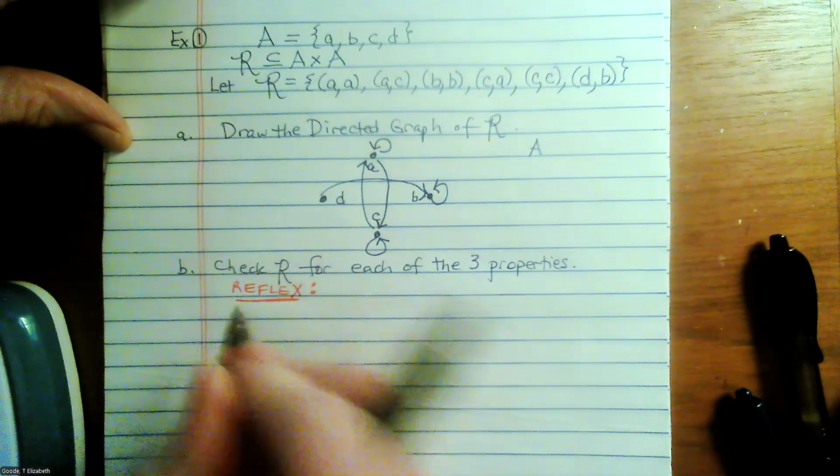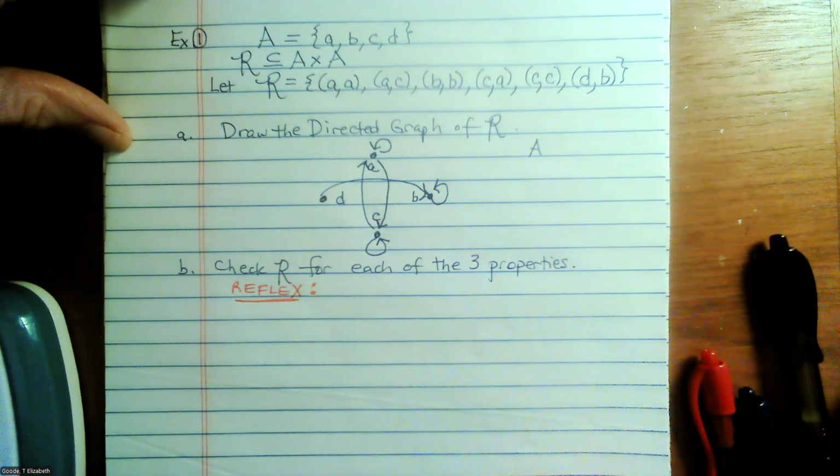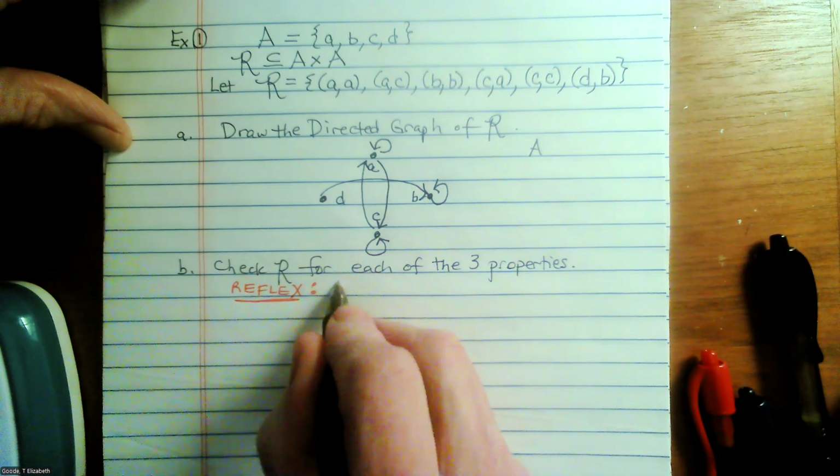Go ahead. I was going to say it's not reflexive because there's a set with D, B, but there's no set with D, D, so it doesn't check the box for reflexivity. That's right.